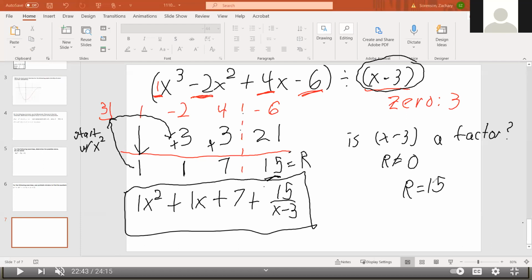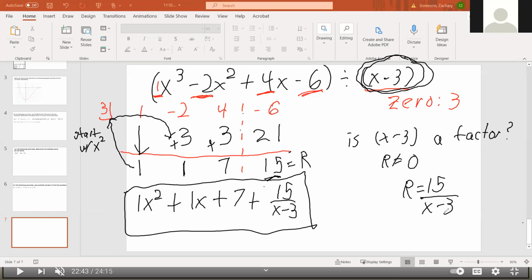I say, okay, I know what the first thing is, the second thing is, the third thing is, and then I have this weird 15 lingering there. Well, I started by dividing by x minus 3, and I say, okay, if I could, I would like to find this. I don't really know what that is, so I'm stuck. Oh, okay, that makes sense. Yep, that's a very good question.